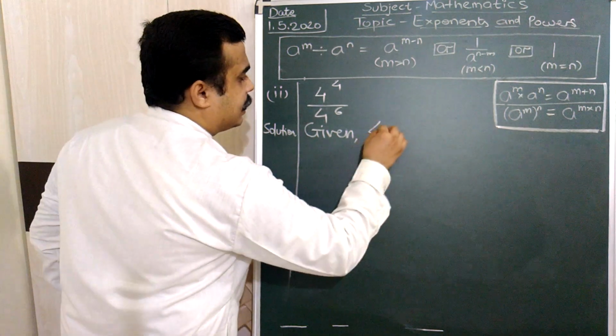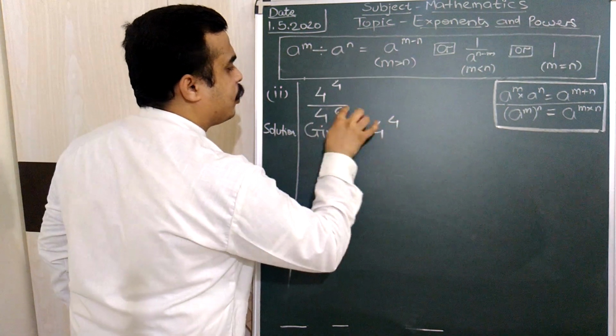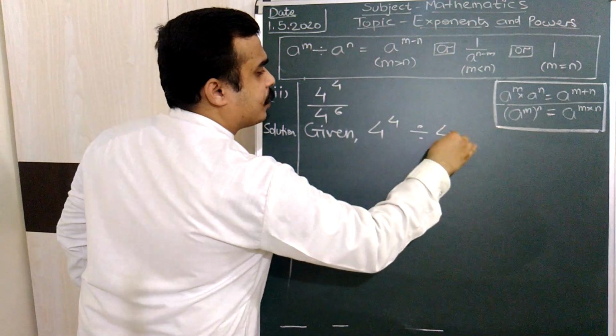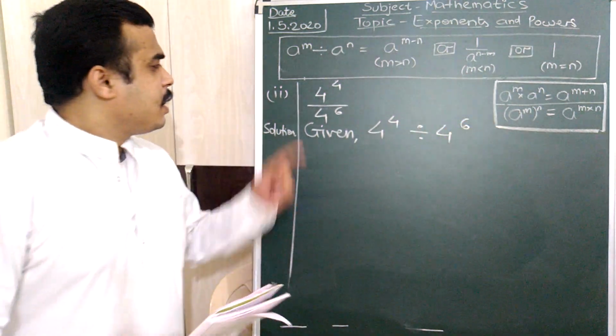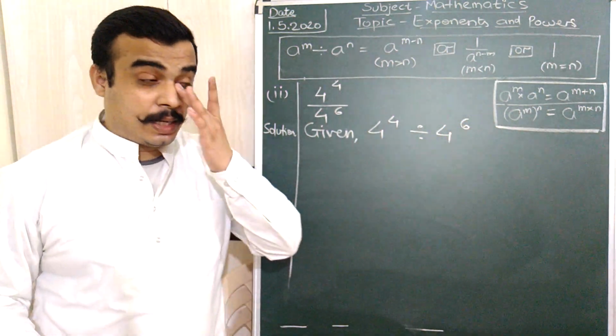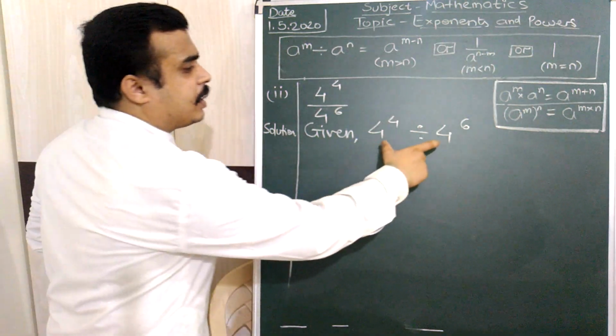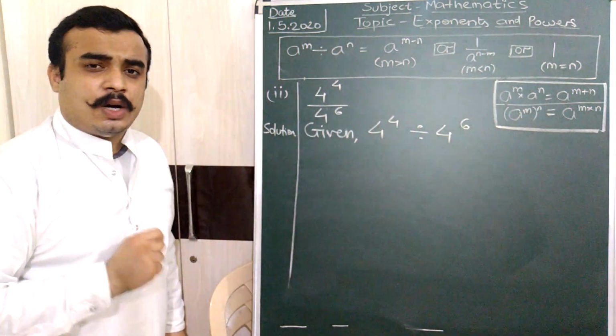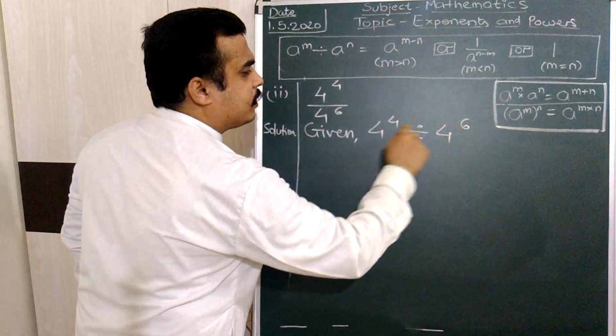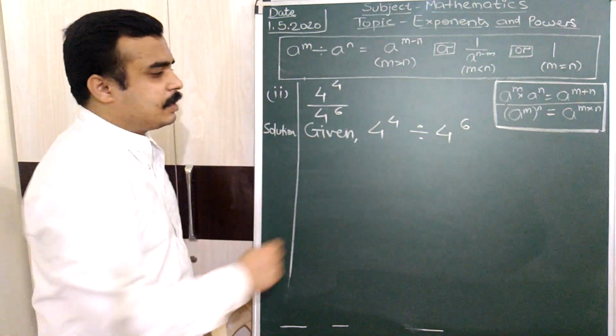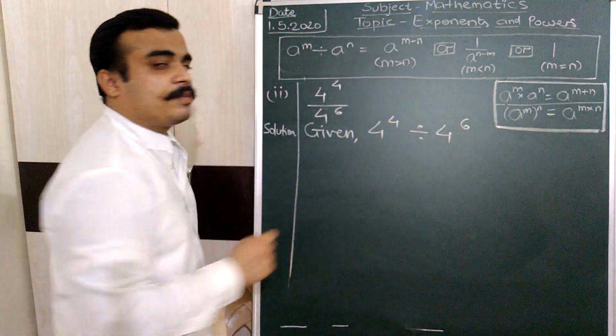That we can write as 4 raised to the power 4 upon, means divide, 4 raised to the power 6. Upon means divide only. Now if we compare this with the third law, when we observe the powers, the first power is less than the second power.